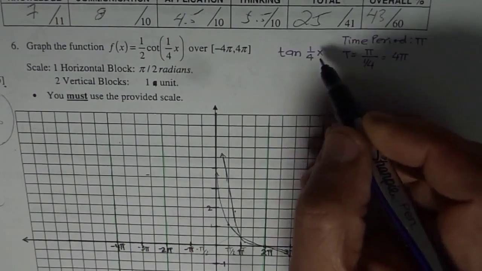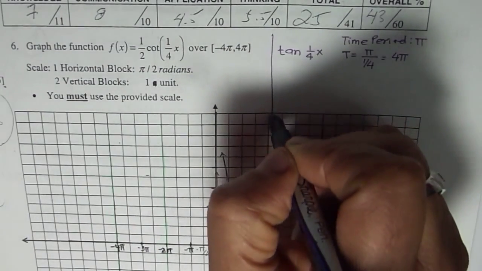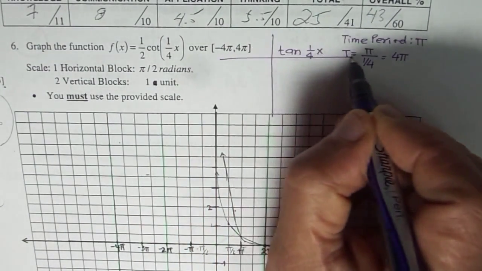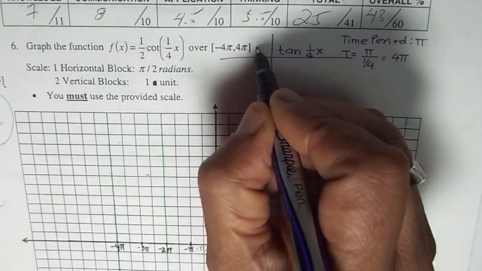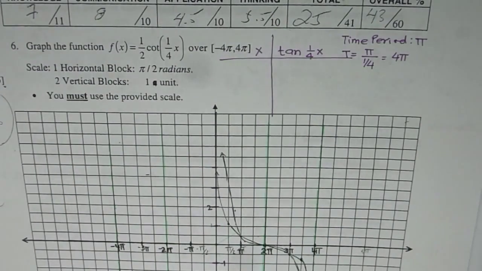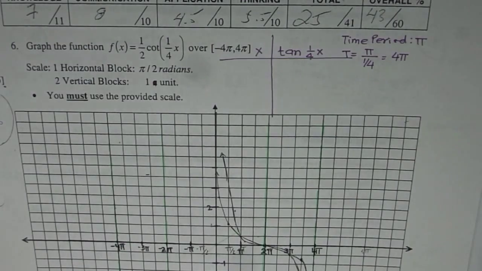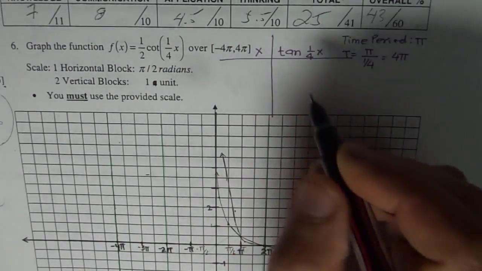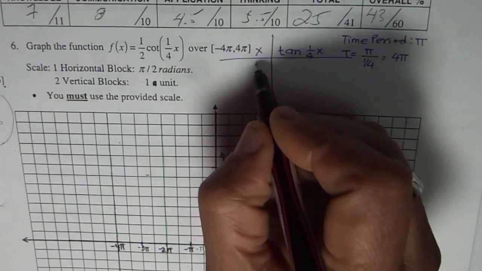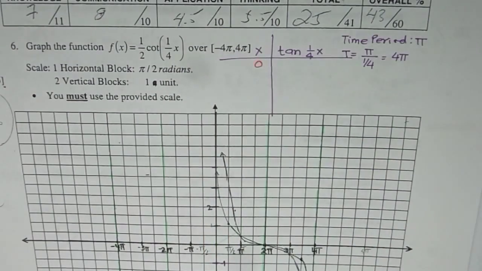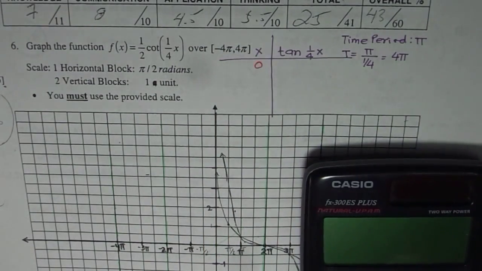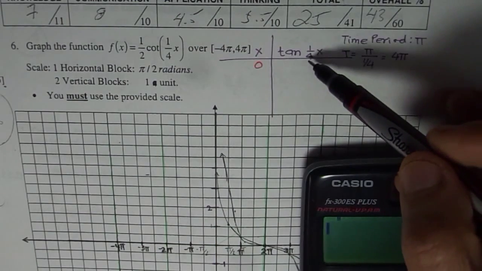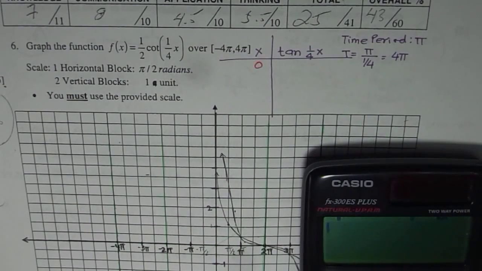So let's calculate the value of tan of 1 over 4 x for different values of x. Let's begin by writing x equals 0. We'll start from 0 to 2 pi. In my calculator I'll use 1 over 4 as 0.25, so tan of 0.25 times 0 means 0.